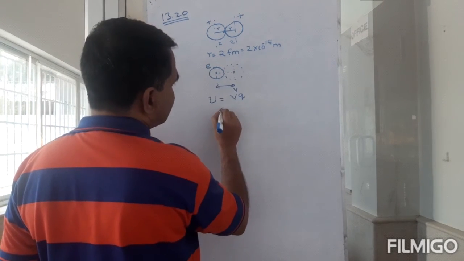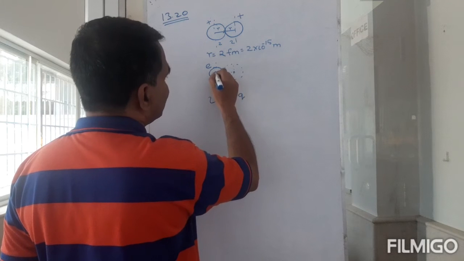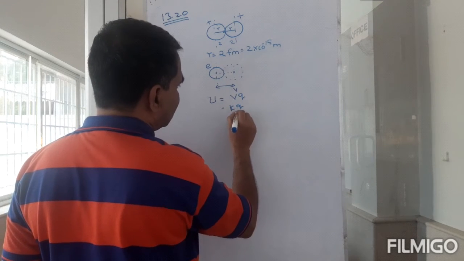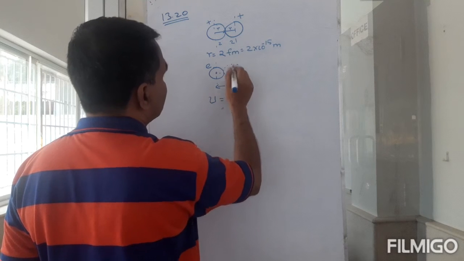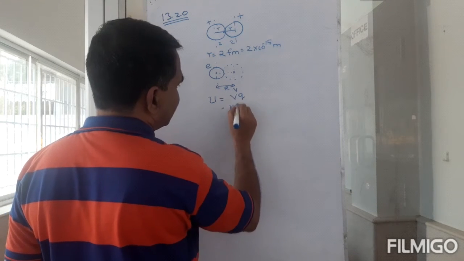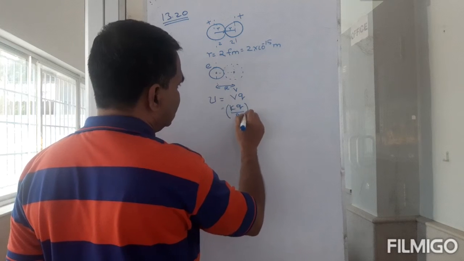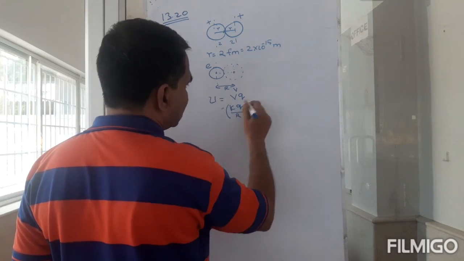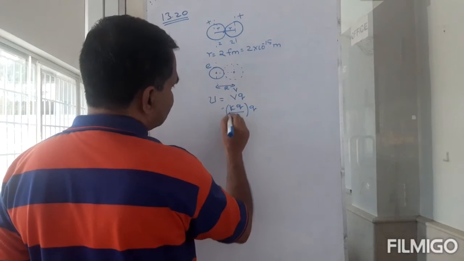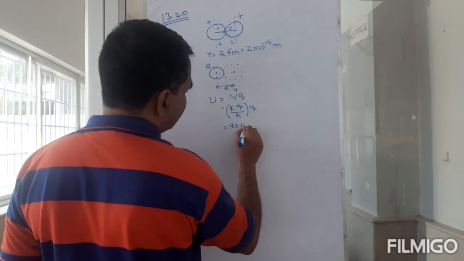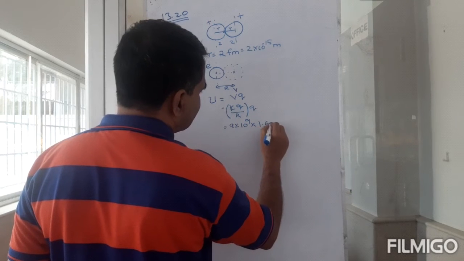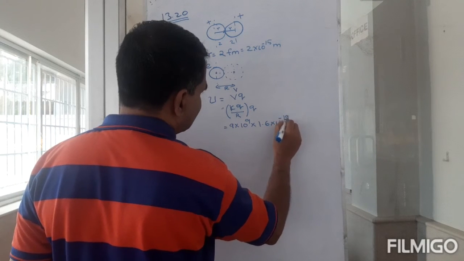So this is equal to, what is V due to this? Well, this is KQ by this distance, I'll call this R. And this KQ by R is V, this one, into that Q, the other Q. So this would be 9 into 10 power 9 for K, then Q would be 1.6 into 10 power minus 19.